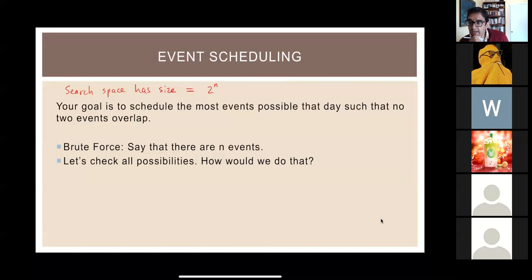Here's a question by Alec. What if the edges are for nodes that do overlap? Yes, getting back to that graph construction, suppose we create a node for each event, and we put an edge between two events if they clash with each other. Now what we want is a set of nodes that contain no edges, and that's called an independent set.